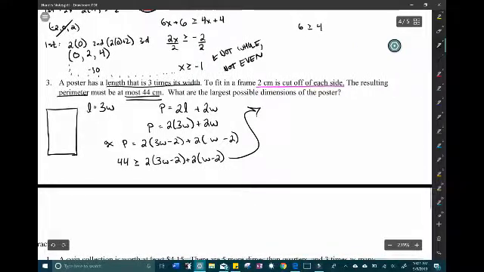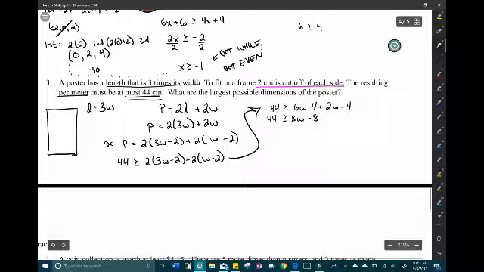From there, just shake and bake. 44 is greater than or equal to 6w minus 4 plus 2w minus 4. Let's add like terms. 8w minus 8, or 44 is greater than or equal to that.